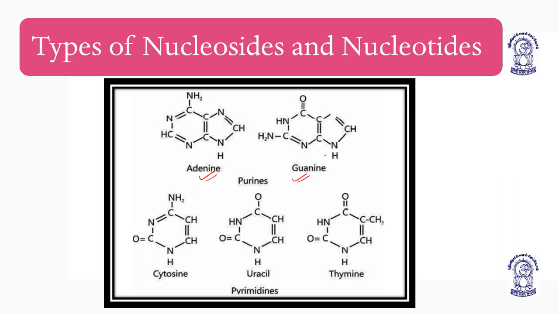Then in the case of cytosine, uracil, and thymine, there is only one ring with 4 carbon atoms and 2 nitrogen atoms, while the imidazole ring has 2 nitrogen atoms and 3 carbon atoms. So these are purines and these are pyrimidines.